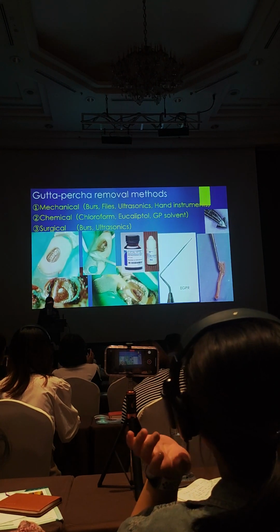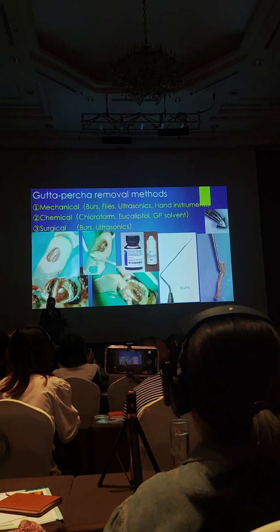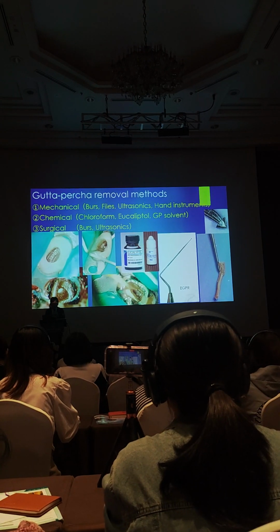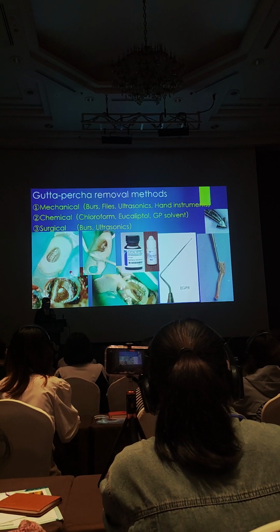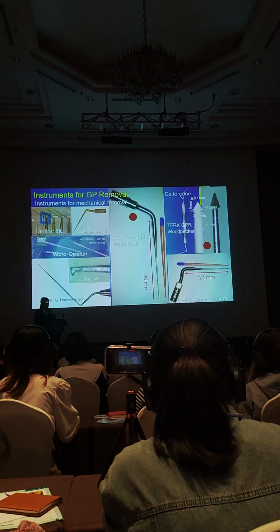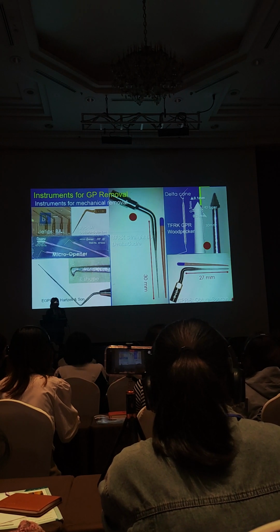So there are 3 methods to remove gutta-percha: mechanical, chemical, or surgical. I will show you the best technique to remove the gutta-percha fillings. First, this is what I use.